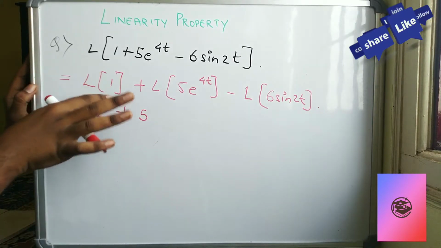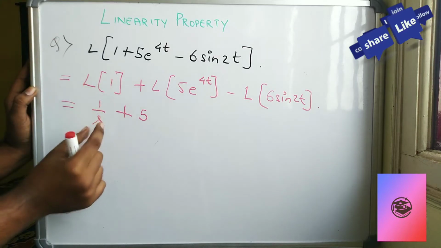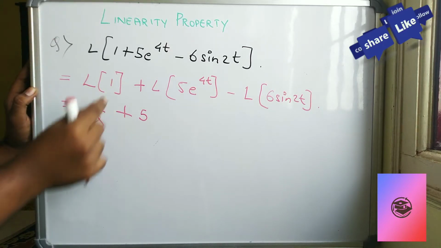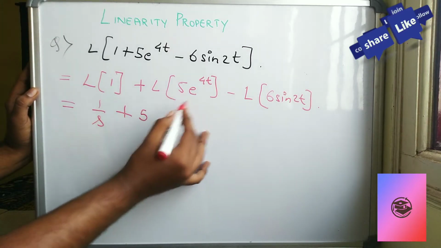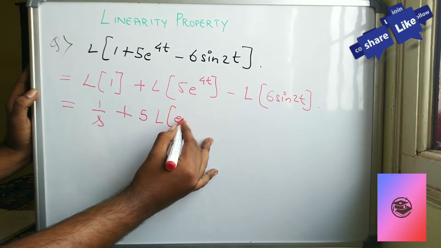But for 1, it is not possible because it is an individual constant not multiplied with a function, so you write the Laplace transform of that. Here it is in product, so you take 5 outside, then the Laplace transform of e power 4t.